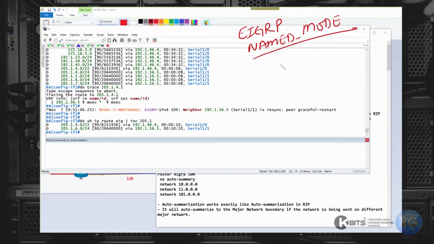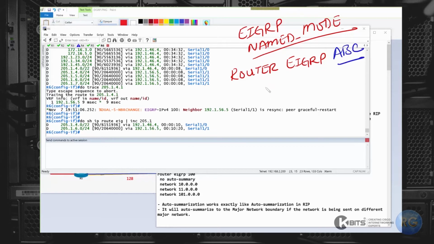It's a name, not an AS number. So right now, whenever I did EIGRP, I said router EIGRP, and then some number, right? Now I'm not going to give it a number. Instead, I'm going to give it a name, whatever you want to call it.